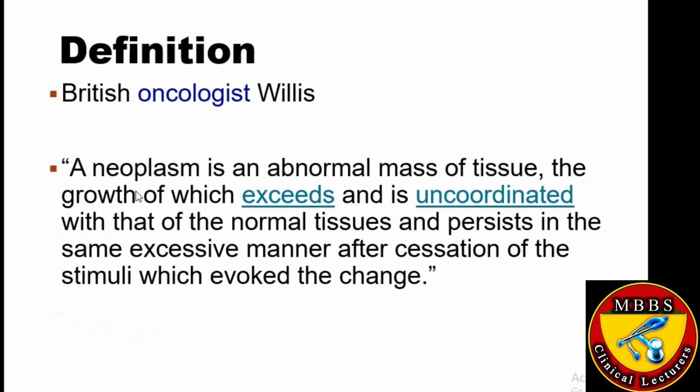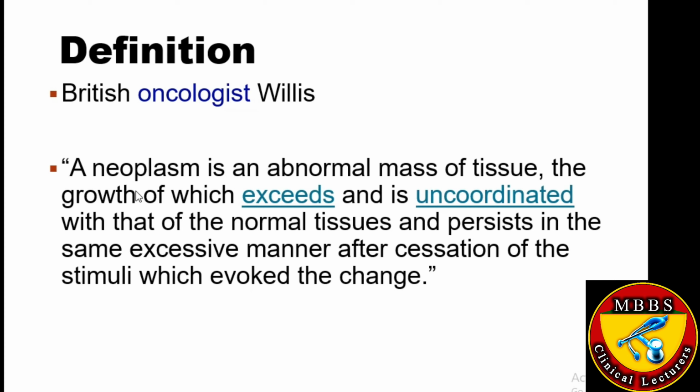Now, the British oncologist Willis gave us a definite definition of neoplasm or neoplasia. A neoplasm is an abnormal mass of tissue, the growth of which exceeds and is uncoordinated with that of the normal tissue. This definition has two parts. The first part tells you that a neoplasm is an abnormal mass of tissue, an abnormal growth, abnormal structure.